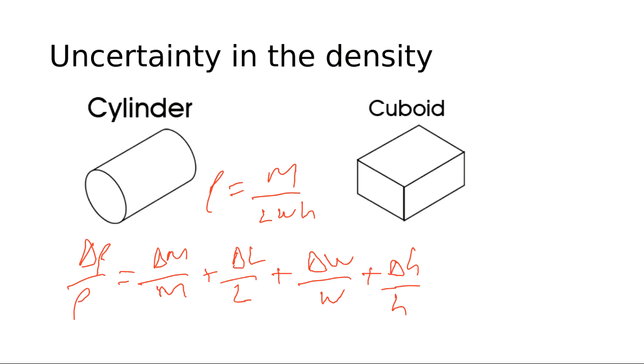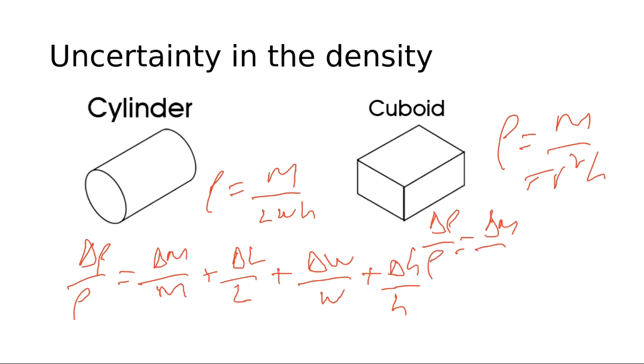Now for the cylinder, the formula will be like this: m over pi r squared h. So you do the same thing again. Delta rho over rho equals delta m over m plus delta h over h, plus, because we have r squared, you're going to take two of those, 2 delta r over r.